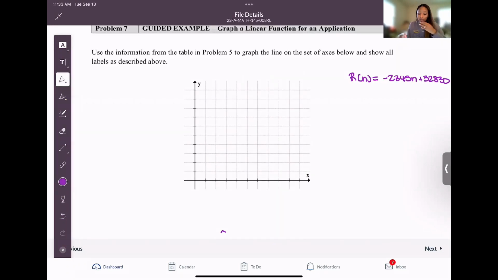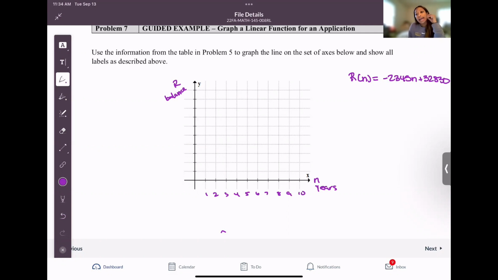All right, so when we graph this, the input should be on the horizontal axis, the output on the vertical axis. So this would be the N, the number of years, and this would be R, the remaining balance. I'll just put balance. And then for our scale, the years are going up by 1, so that's not too bad. 1, 2, 3, 4, 5, 6, 7, 8, 9, 10.